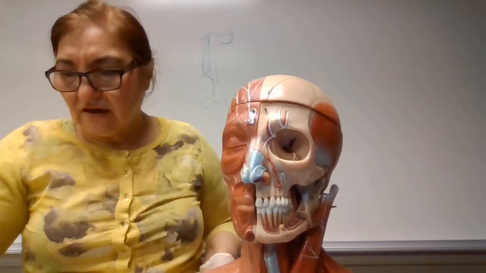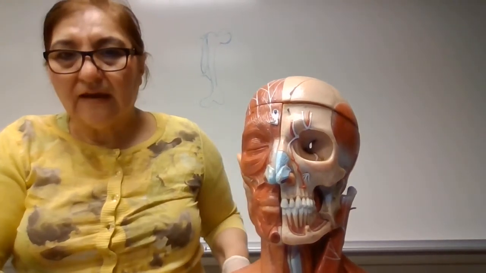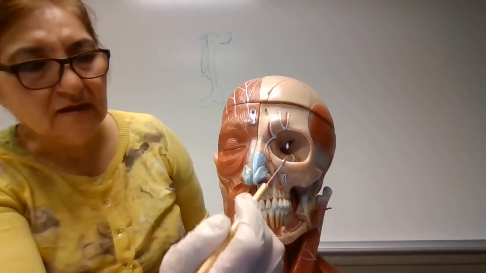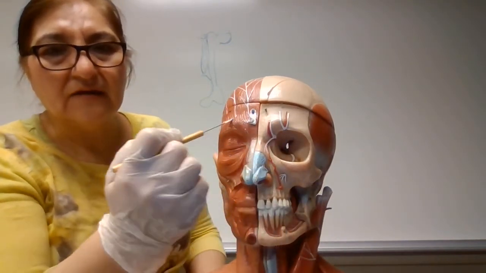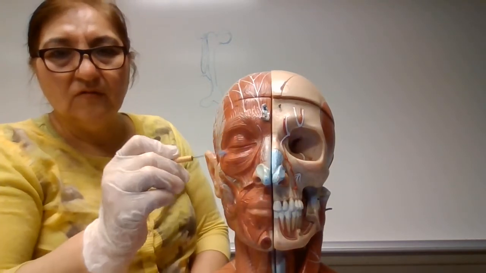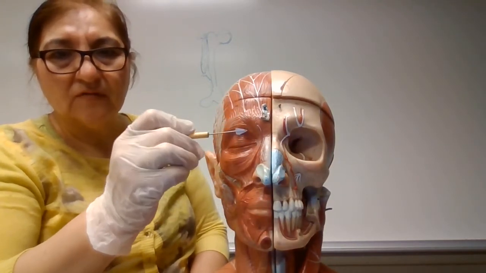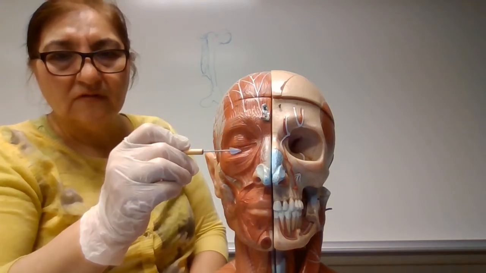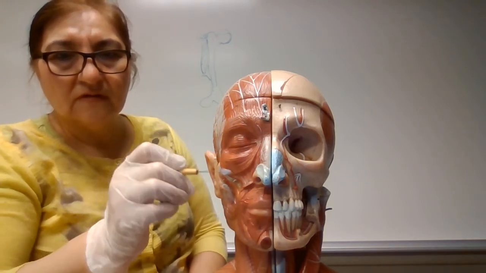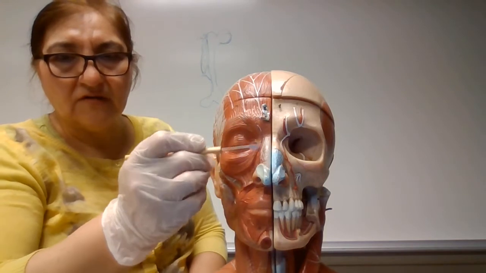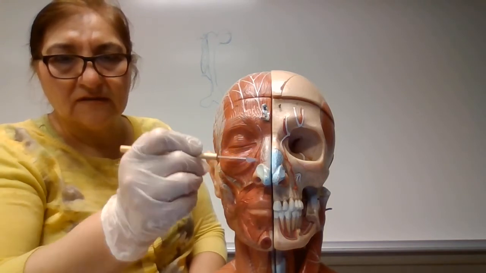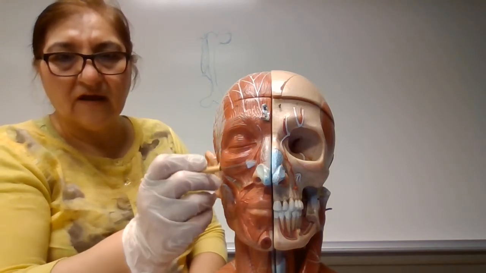Or the fifth nerve. Let's talk about orbicularis oculi. Orbicularis oculi means the muscle around your eye. That's the whole thing, with three parts: one, two, three. It is a round muscle around your eye.